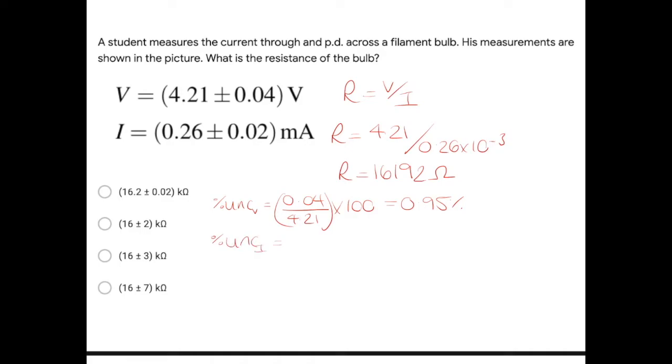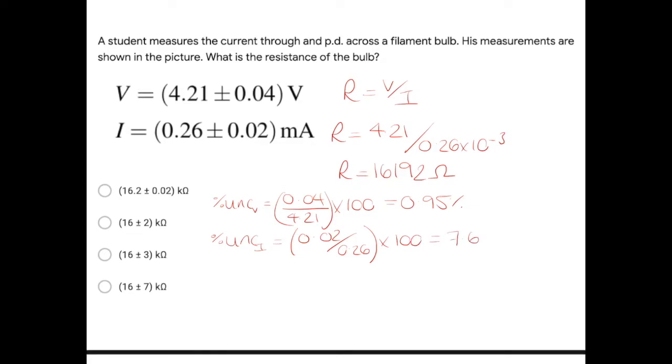We repeat that for our current: 0.02 divided by 0.26. Because this is a relative thing, I'm not going to include the powers of 10, because they will simply cancel out. So the percentage uncertainty in I comes out at 7.69.